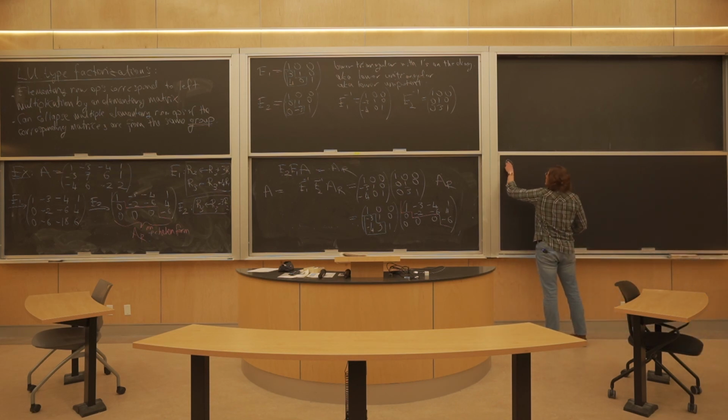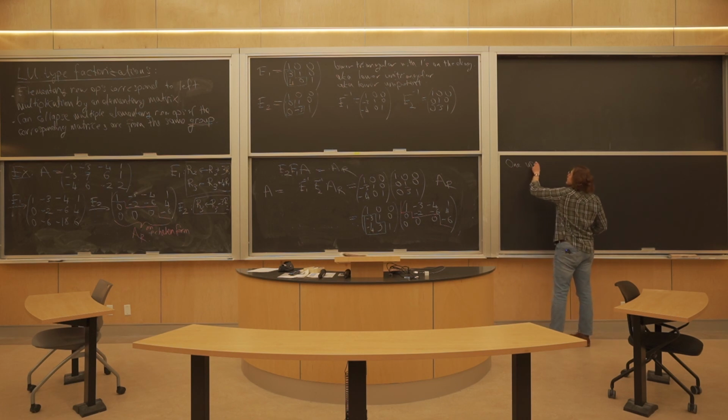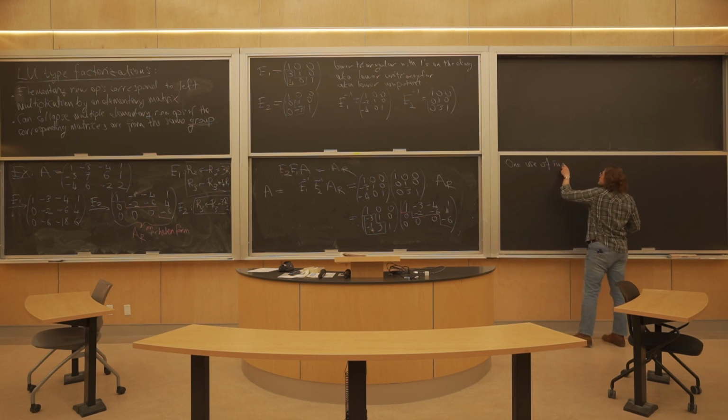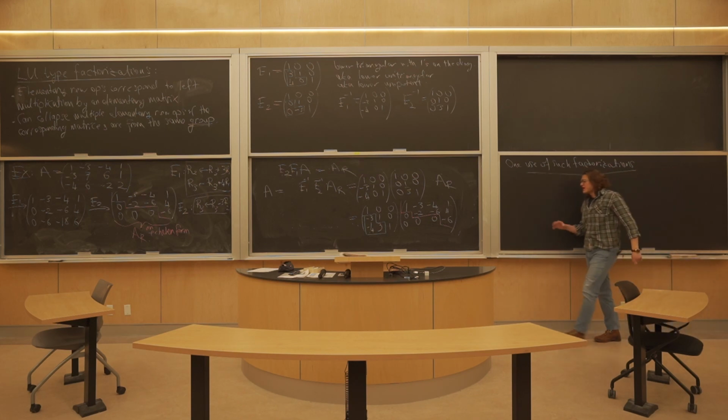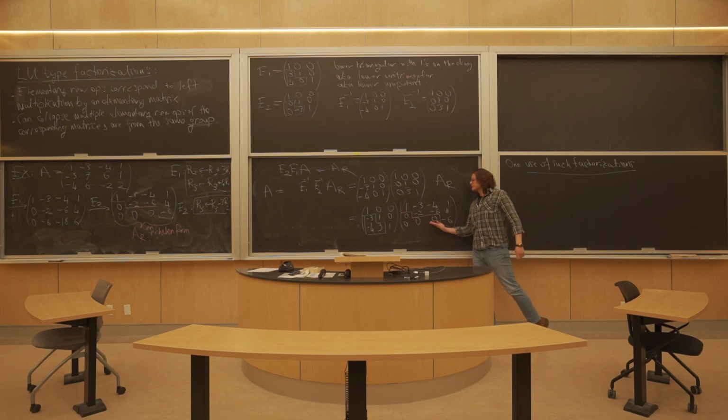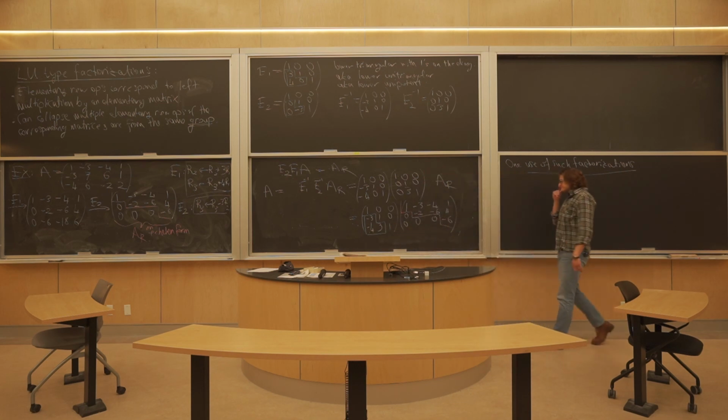So one use of such factorizations, apart from the factorization telling you how the matrix is operating. This is sort of like the back end, and this is the front end, and this is really how this matrix is operating. That's one.